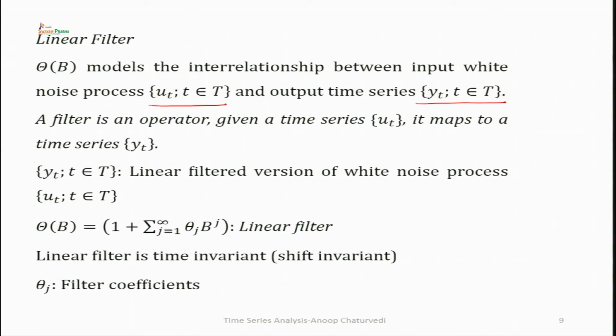Here theta B equal to 1 plus summation j equal to 1 to infinity theta_j B to the power j is the linear filter, and this linear filter is time invariant or shift invariant. It does not depend upon t, or with the shifting of time it does not change.